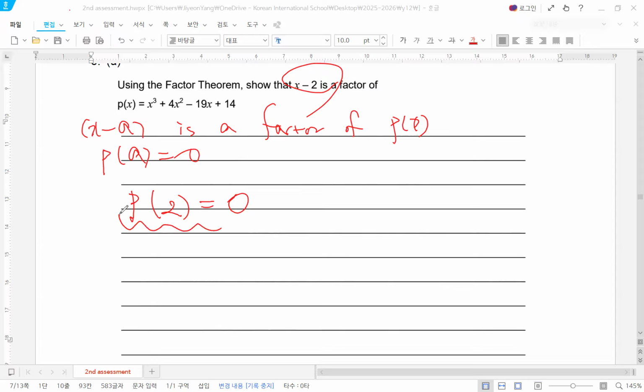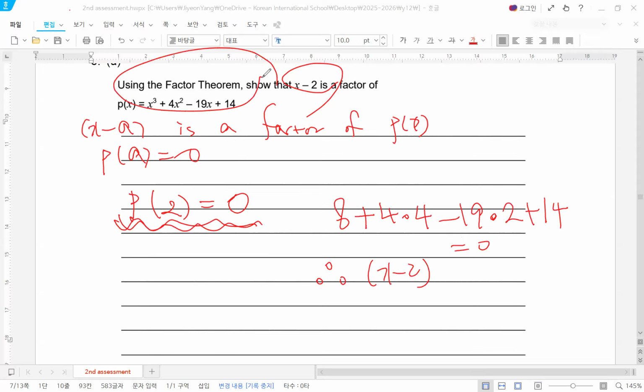That is what you should do. So just simply substitute: 8 plus 4 times 4 minus 19 times 2 plus 14 equals 0. Therefore, x minus 2 is a factor of this one. Understand?